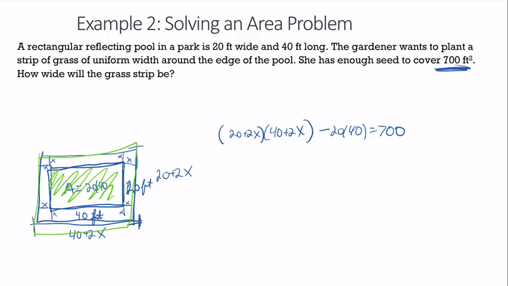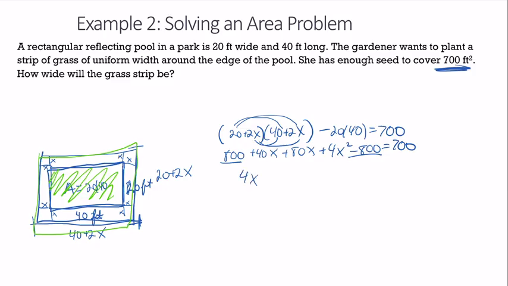Now I can go ahead and solve this. I have to distribute: 20 times 40 is 800, plus 40x plus 80x plus 4x squared, minus 800 is 700. And I need to combine like terms. My 800 minus 800 cancels out.